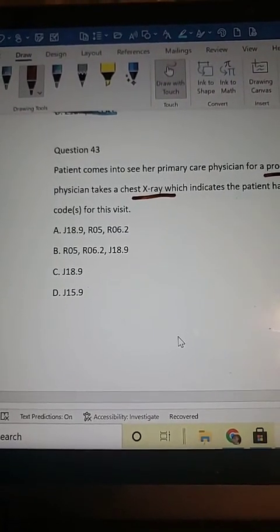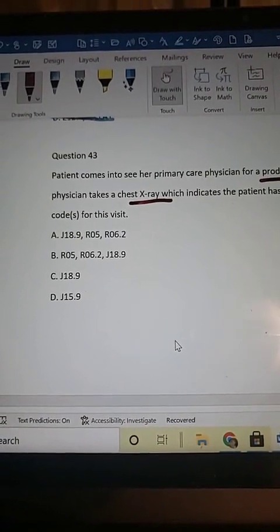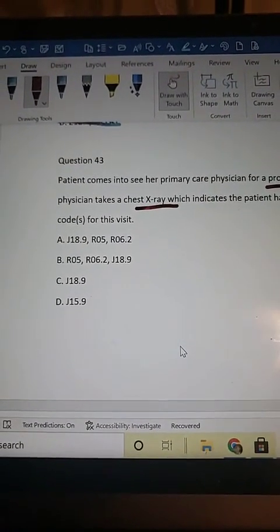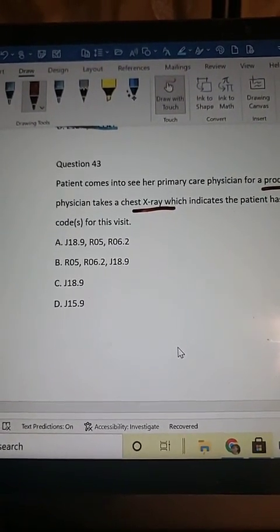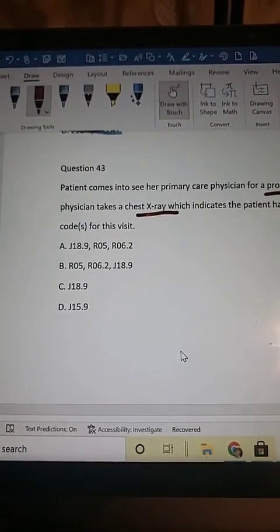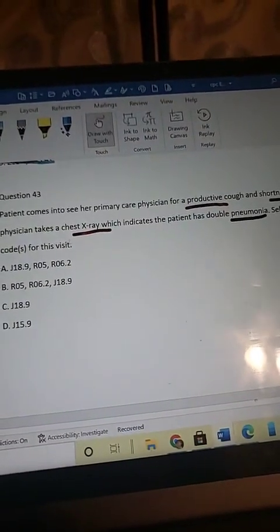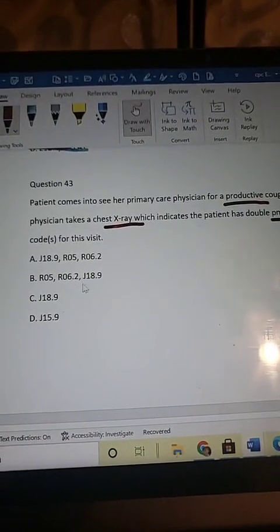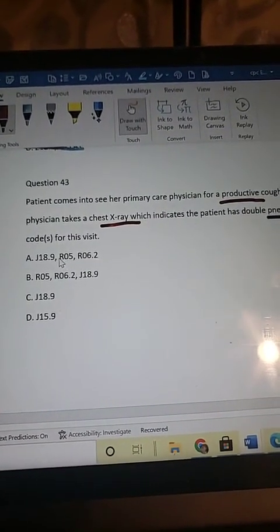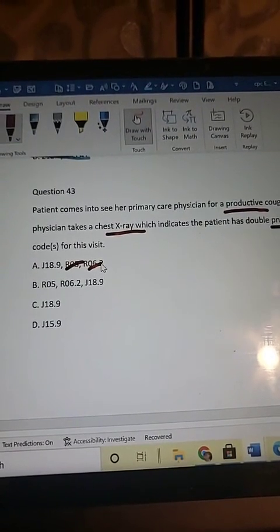Now, if she had sepsis with pneumonia with organ failure and things like that, I might consider her to have some sort of multi-symptom syndrome that would be more complex. But simple pneumonia that was diagnosed with an x-ray, I would not code any of her symptoms. So you wouldn't code any of her R codes at all.